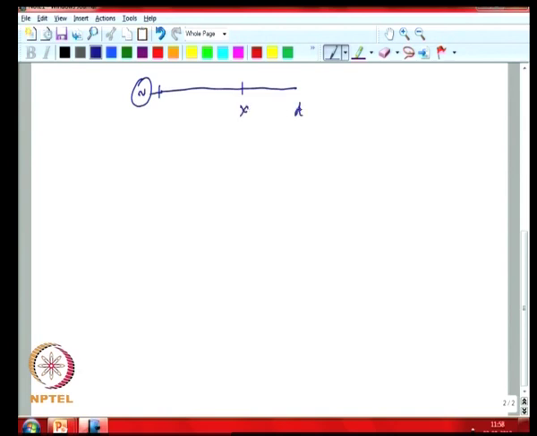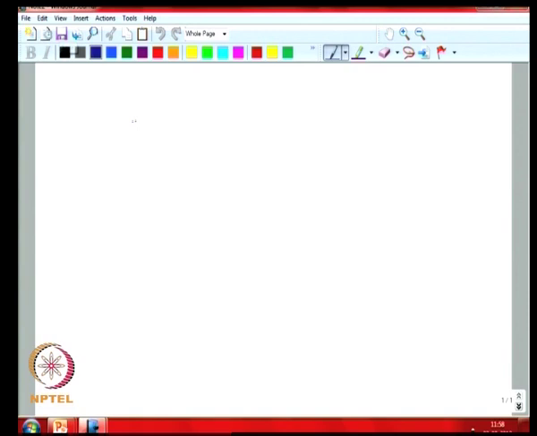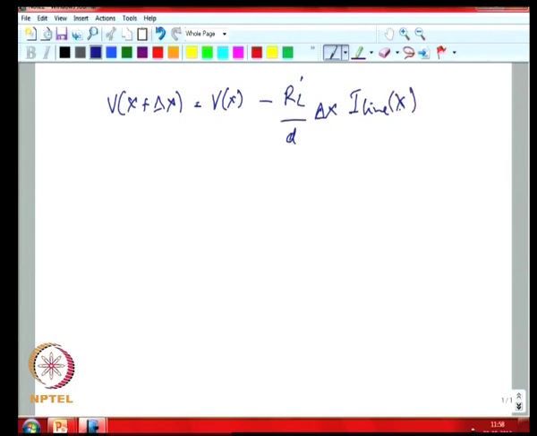at some point x, I say this is d and this is 0, we can calculate V of x plus some delta x ahead would be equal to V of x minus... So, V at x plus delta x is V at x minus essentially the resistance per unit length times the small distance delta x times the current that is being carried at that particular point along the line.